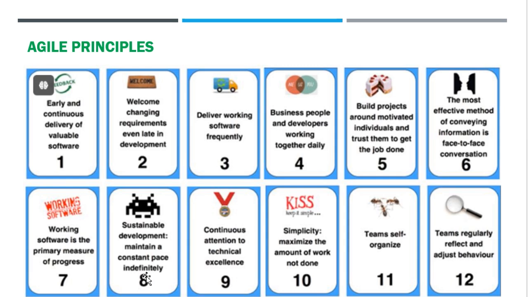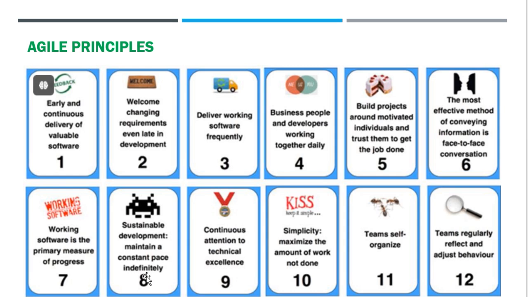Now coming to the 9th principle, which is continuous attention to technical excellence and good design enhances agility. Let me explain it with an example. A carpenter who regularly sharpens their tools works more efficiently and effectively, so that they can produce high quality furniture with less effort.